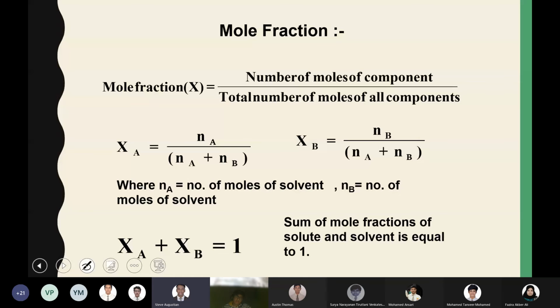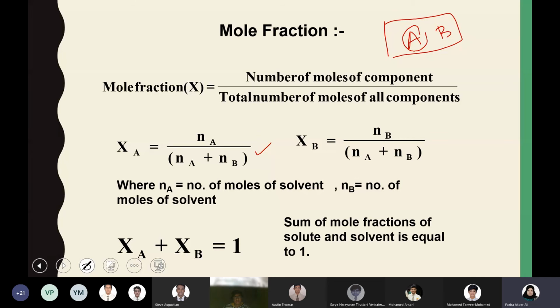Yeah, because as I said, we are basically looking for binary components. For example, A and B are mixed. If you want to find the mole fraction of A, then the equation will be number of moles of A divided by the total number of moles of A and B.